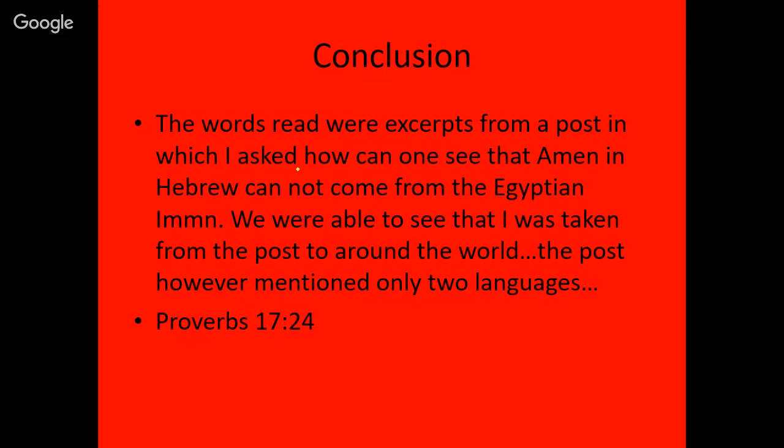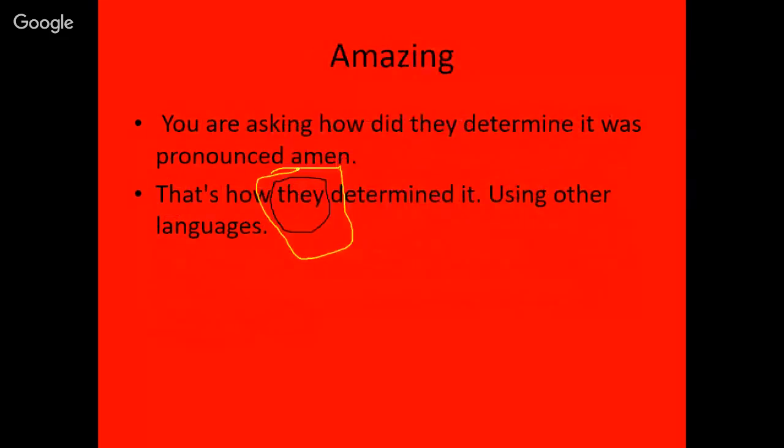So what the person had to do, as we went over earlier, was try to show that ancient Egyptian is the foundation of all the languages, and then had to turn right around after saying it was the original of all the other languages. The person says, you are asking, how did they, whoever they are, determine it was pronounced Amen? That's how they determine it, using other languages.